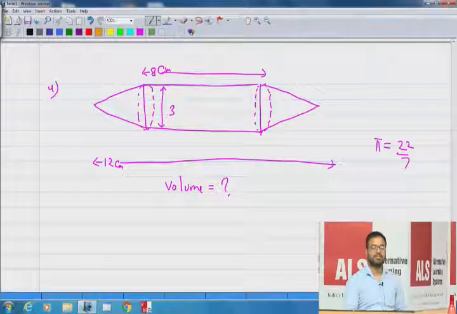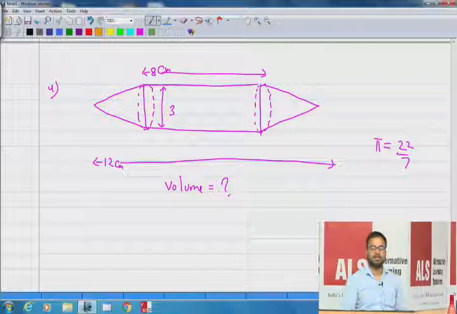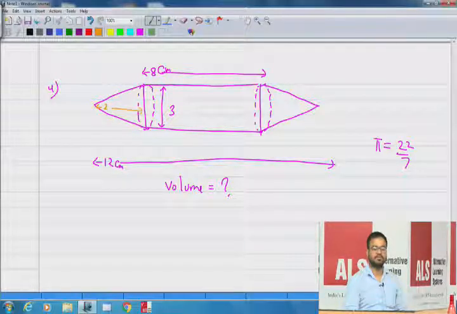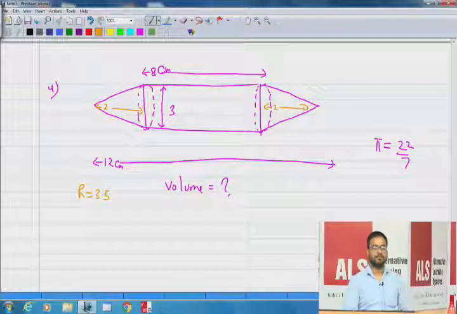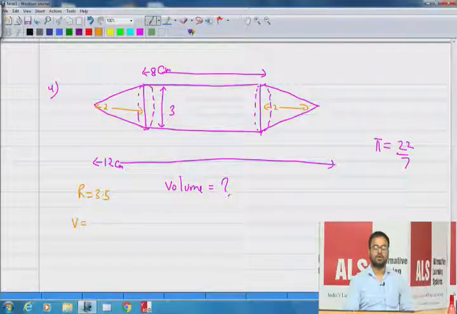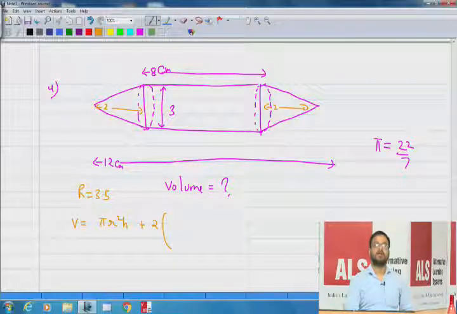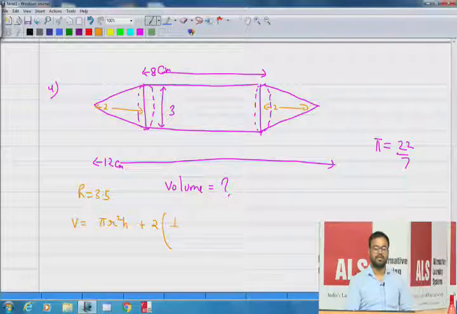This is 8, these two are equal, and this is complete 12, so remainder is 4. So it means height for this one is 2 and height for this one is also 2. Radius is 3.5. So volume would be volume of cylinder, which is pi r square h, plus 2 times volume of cone, and volume of cone is 1 by 3 pi r square h.